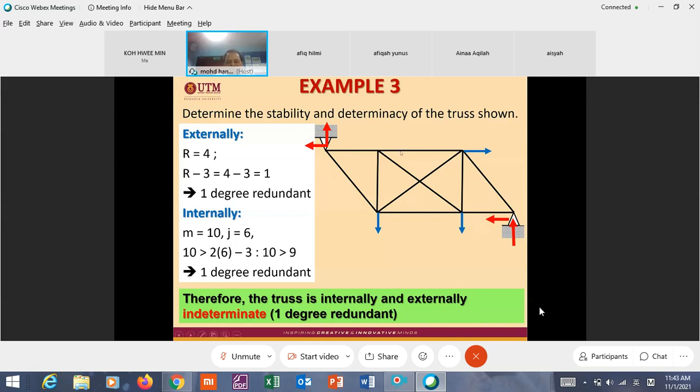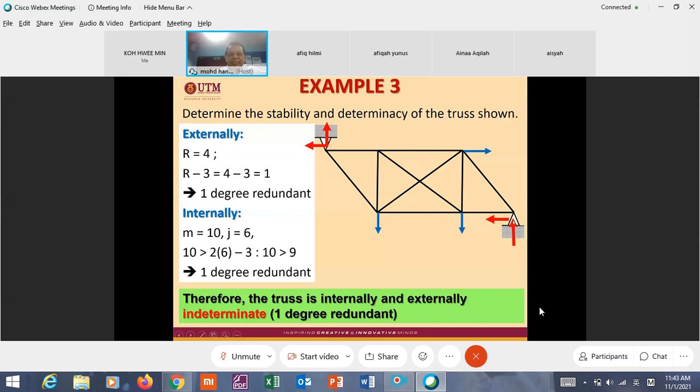You will continue to learn this structural analysis in third year and also in fourth year. And finally, you will use computer to solve very complicated structures in many more cases. And externally, you have 4 reactions here because this one is a pin, this one is a pin.